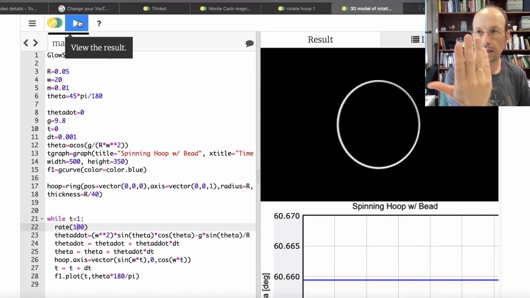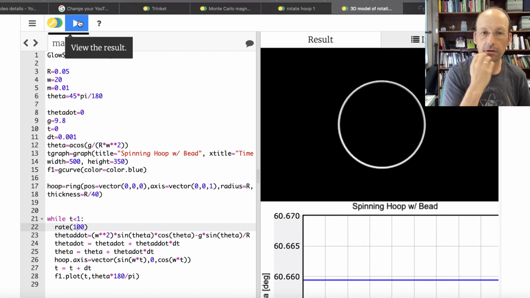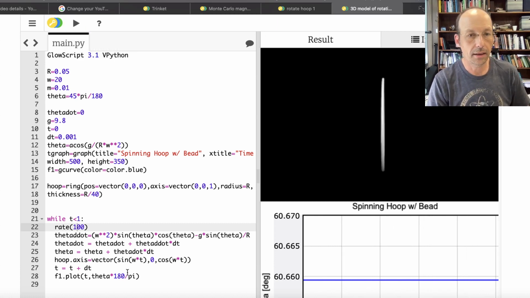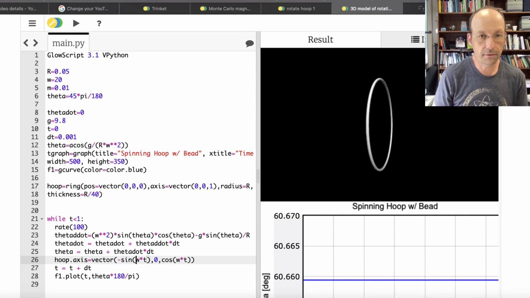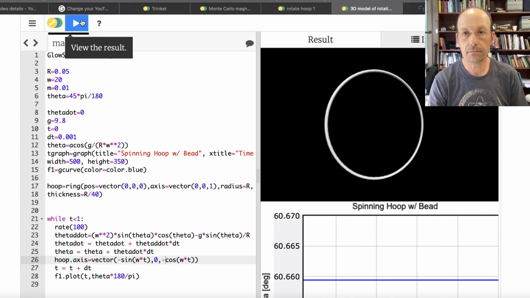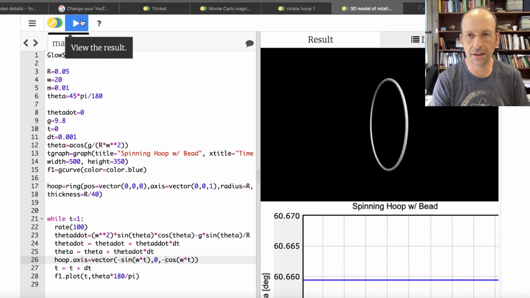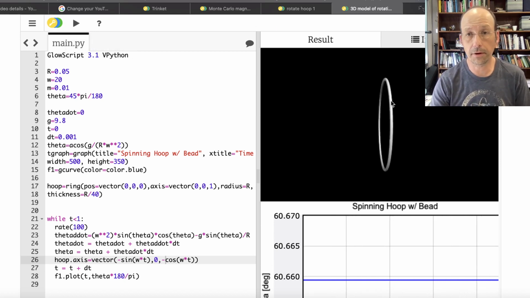Actually, I think in my problem I have it rotate the other way. So if I want to rotate it the other way, then I can just change the sign of this. Negative and negative. I can't even tell which way it's rotating now. Actually, I could look at it from above.